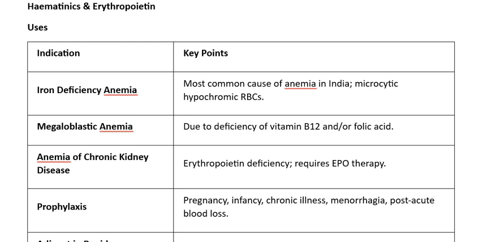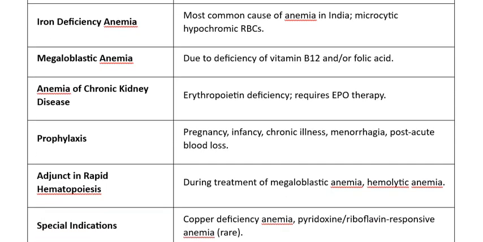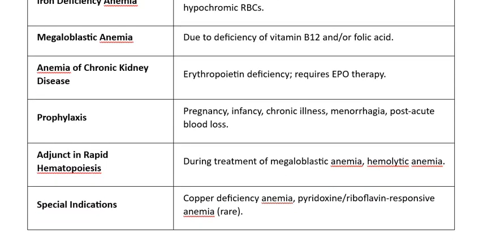Beyond treating active anemia, are there other uses? Prophylaxis, maybe? Absolutely. These agents are also used for prophylaxis, basically preventing anemia in people at high risk. Think pregnant women, infants, individuals with chronic illnesses causing blood loss, women with heavy menstrual bleeding, or patients recovering after significant acute blood loss. Makes sense.